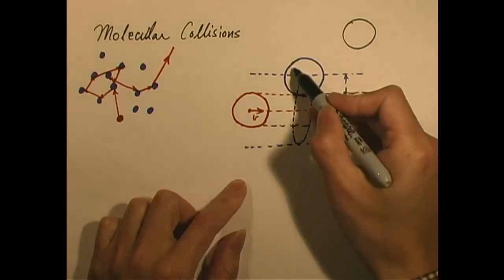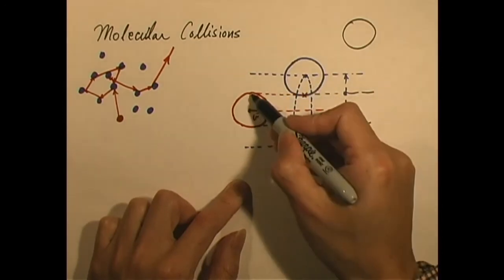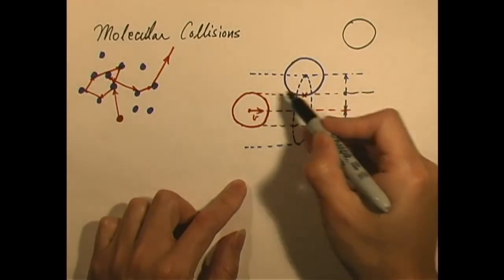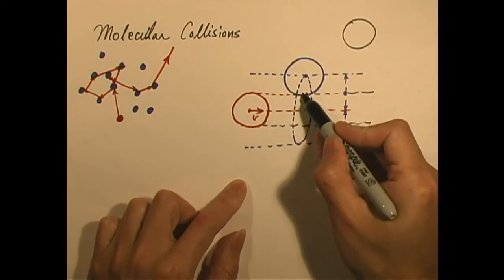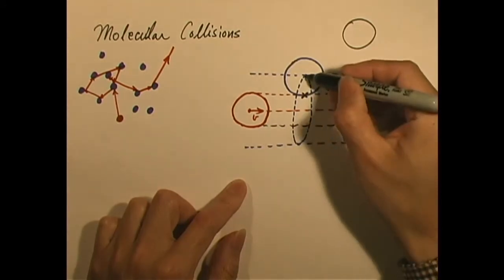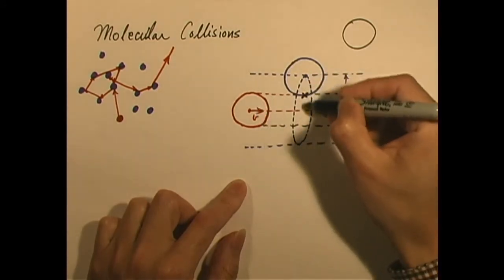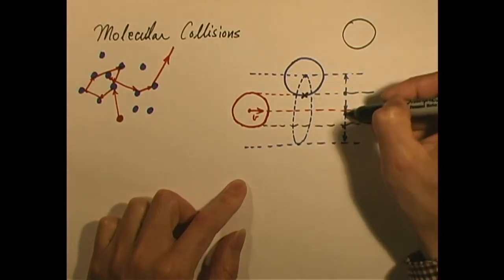Okay, here I drew another case where a waiting molecule is barely able to scrape this red molecule. So they just barely hit each other at that point. Where is the center of that other molecule? Well, this is radius r, this another radius r, so the center to center separation is a distance d, which is the diameter of each molecule.